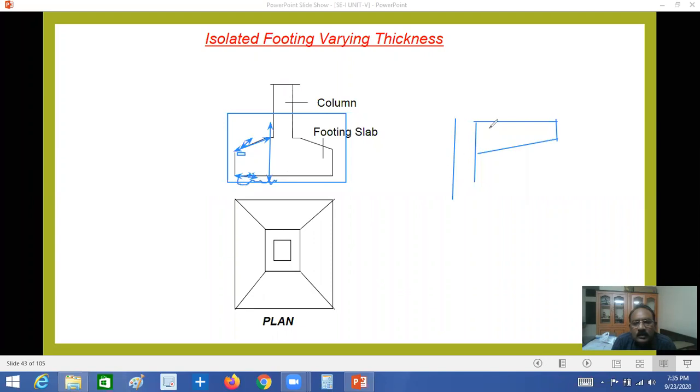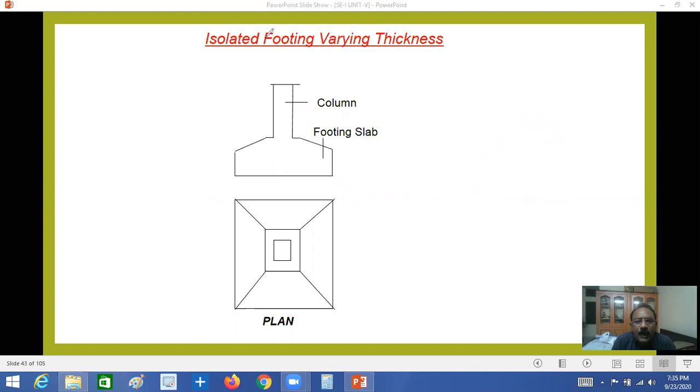As this is reversed, here the moment will be very less, zero, and as it comes like this, the moment varies with thickness. So that's why here we will calculate the moment and provide more thickness and provide steel like that. This is reversed, and this is the plan of isolated footing.